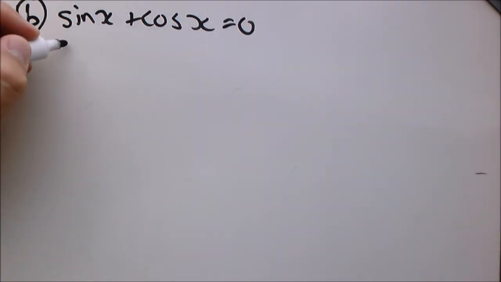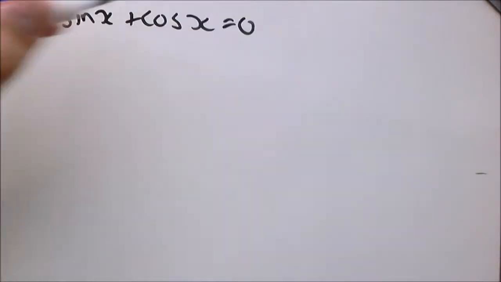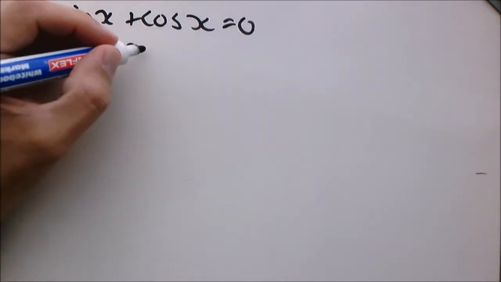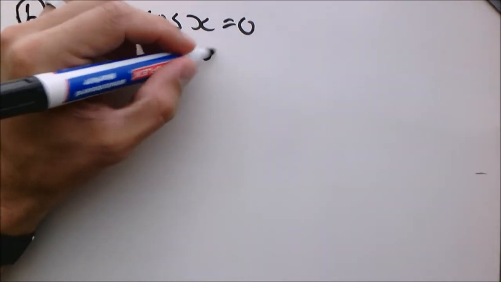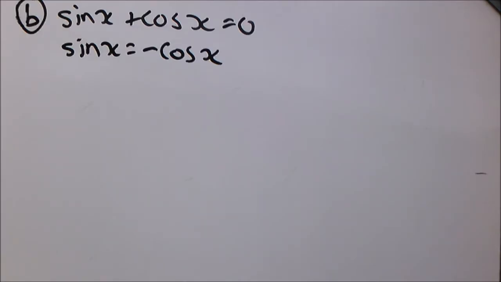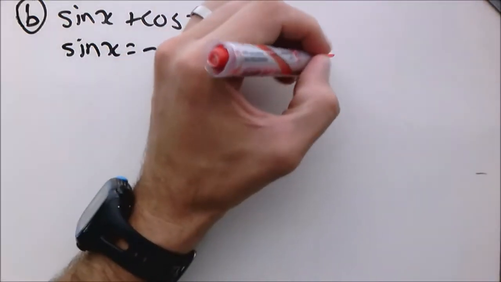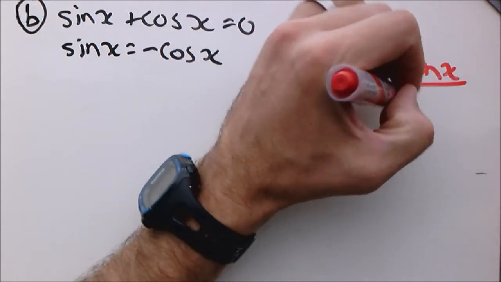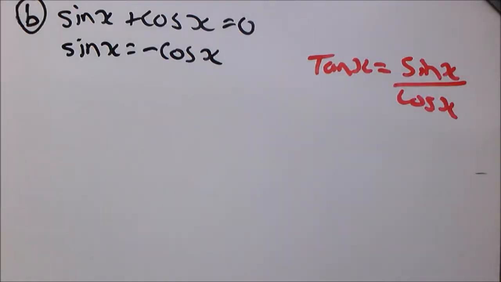First things first, we are taking the cos x across. So it becomes sine x equals negative cos x. Then, keeping in mind that we have a lovely identity called the quotient identity, which, as you know, states that tan x equals sine x over cos x.